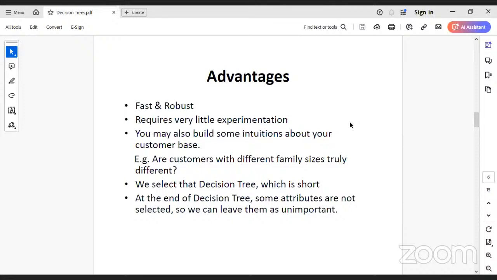Second, it requires very little experimentation. We have gone through the pre-processing phase in the CRISP-DM process. We said that when we have outliers or missing values, we have to remove them, else the model will not give accurate results. But with a decision tree, even if we have outliers within the data, it will handle them.